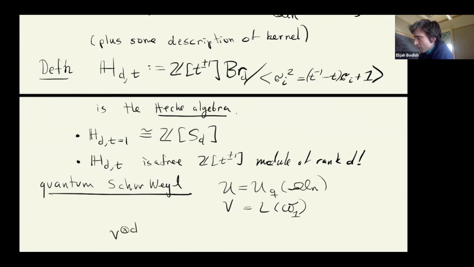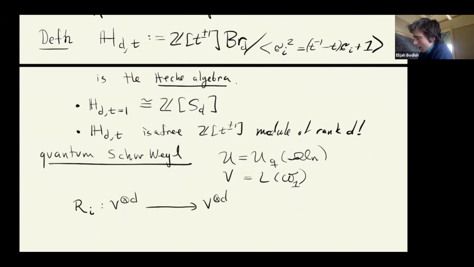I no longer have that the transposition that just flips tensor factors will commute with the action of U, but I have the obvious substitute, based off of what we did above: this map R_i from V tensor D to V tensor D, where R_i is defined as I take the identity and then plug in R_VV so that this is acting on the i and i plus first terms.